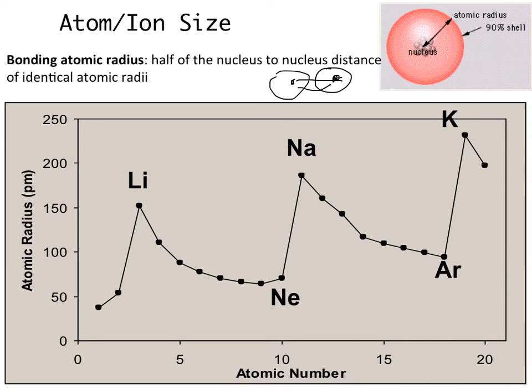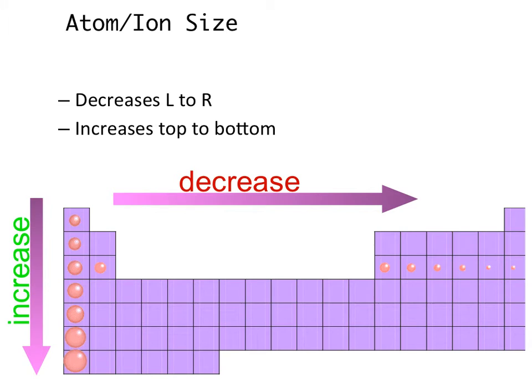So half of this distance here is going to give us our radius for each of our atoms, and they have to be of the same atom type. And so when we're calculating that, we're using it from bonded molecules.